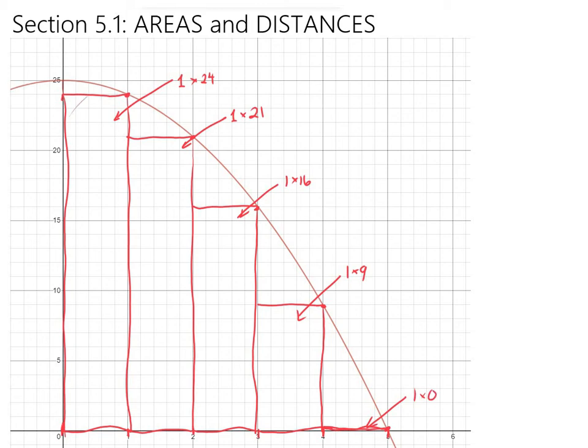So those are the 5 rectangles that we're adding up to try to approximate the area under this curve, which we know does have a connection to distance if this curve represented velocity.